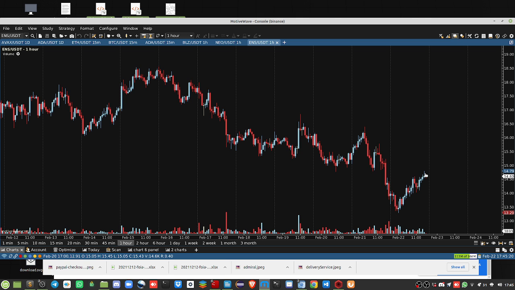Okay, here's one. This coin I like. I'm really trying to like it. So as I said, it's always been flat for the last few hours, but here it is, ENS. This is Ethereum Name Service, so you hear about the website domains that you can register on the Ethereum blockchain. This is the token that works around that.